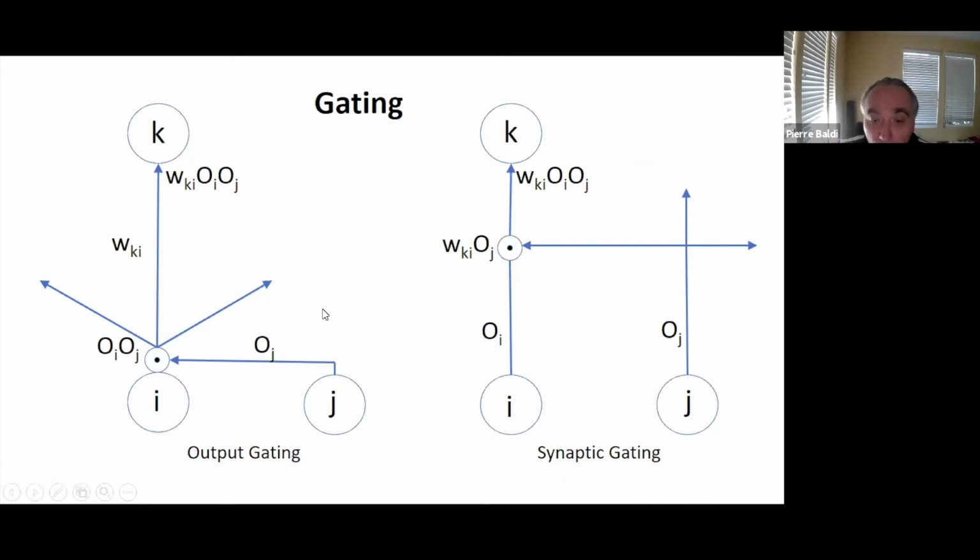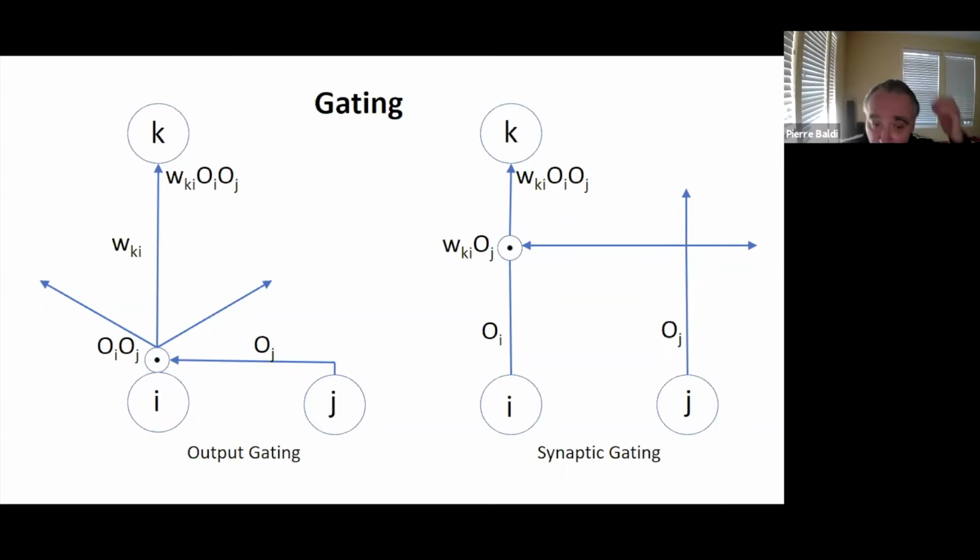So I claim that all the attention networks that you see are just based on this mechanism, just amplified and used many times in many layers, etc. But this is what is really at the root of attention, just the concept of gating, introducing a new operation in the McCulloch and Pitts model where you can multiply the output of neurons. Multiplication is differentiable, so there's going to be no problem with backpropagation.